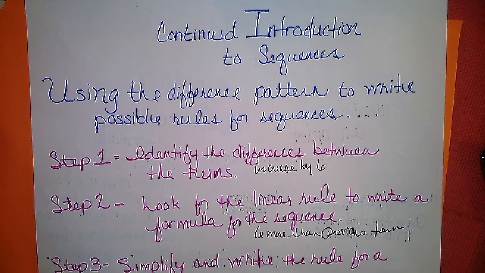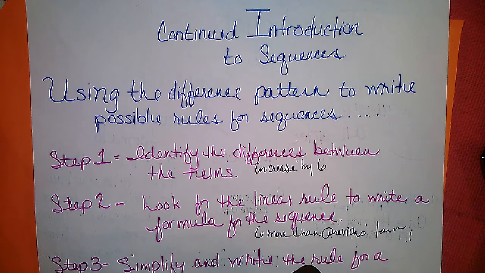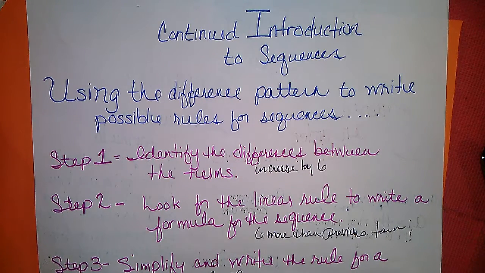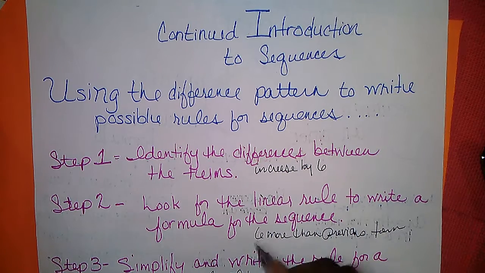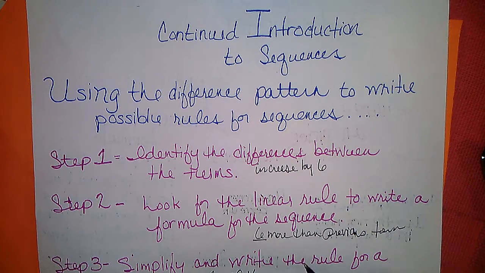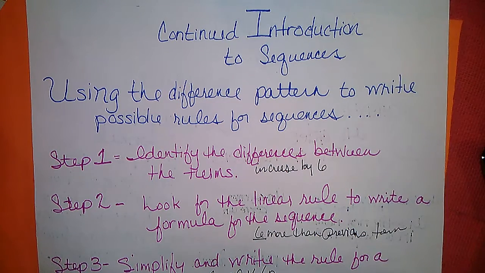So we said that a sub n is 8, which is our first number. Then we said it increased by 6, and our formula is n minus 1.